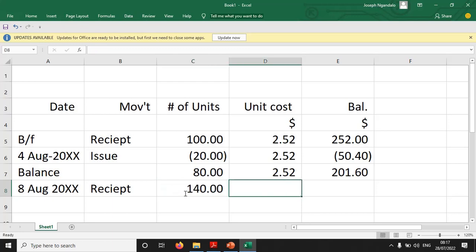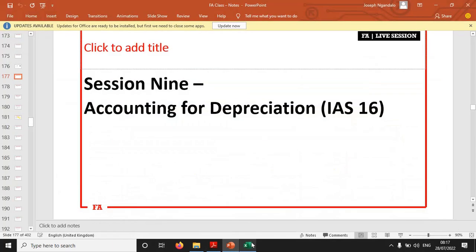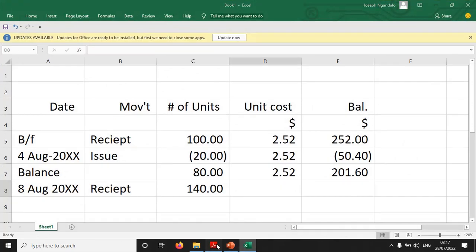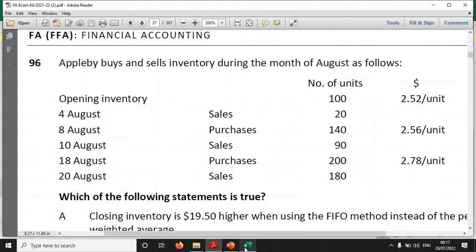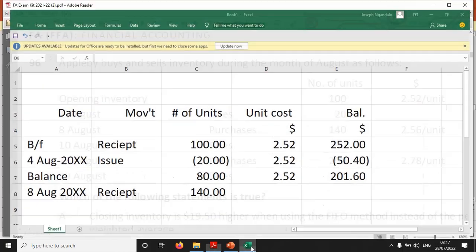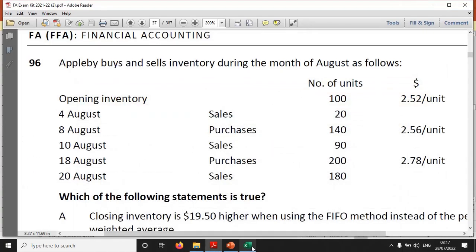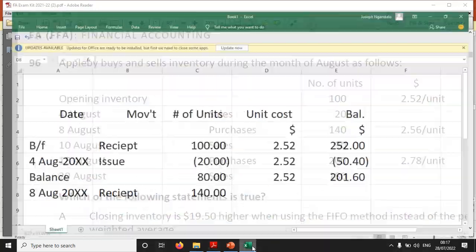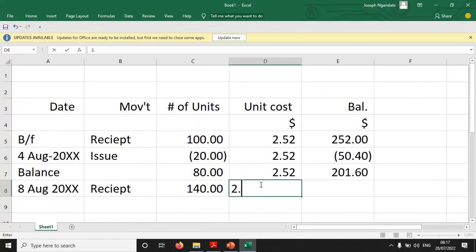And what was the unit cost? Put that one there, so that when I do this, it shows there. Come again? 2.56. Is that correct? All right, congratulations.